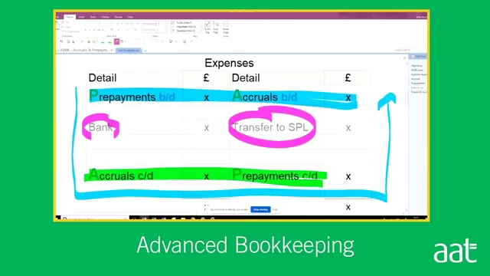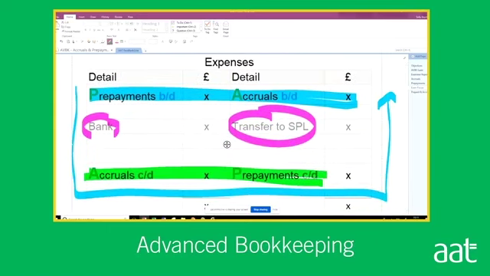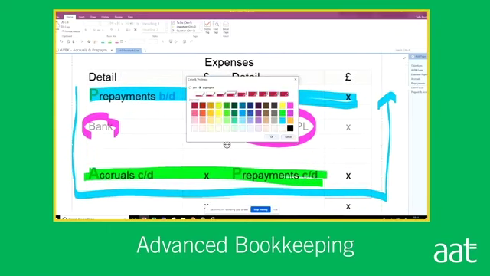So the key for you lot, and you still need to know the why bit: why does the prepayment brought down go on the debit and the accrual brought down go on the credit? You still need to understand it. But this takes that argument out when you're in the exam, because whether I am teaching ACCA, CIMA or Chartered, and there's an accrual and prepayment question, the first thing I do is get my pen up, literally, you all laugh.